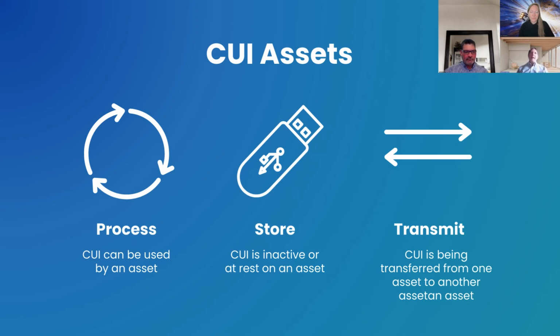Most commonly, that means things like enabling encryption. We could go into FIPS 199 and the difference between being FIPS validated. That's a little deep for our conversation today. Just understand that CUI exists in different states, and it needs to be protected in all of those states.